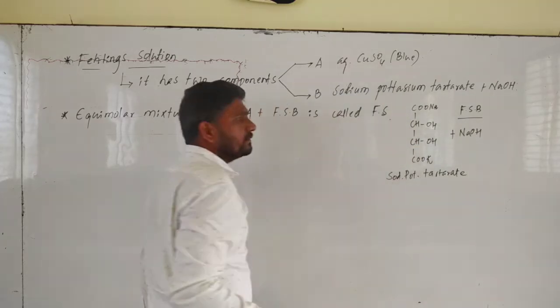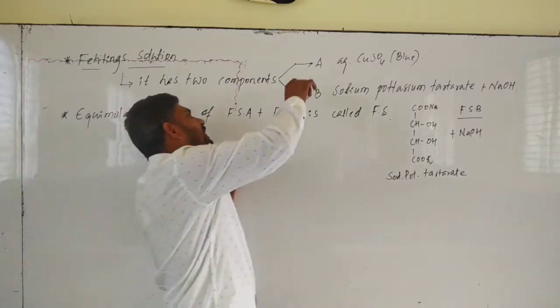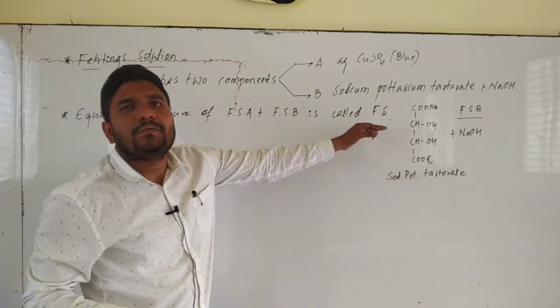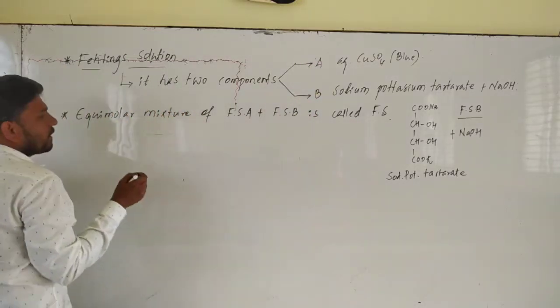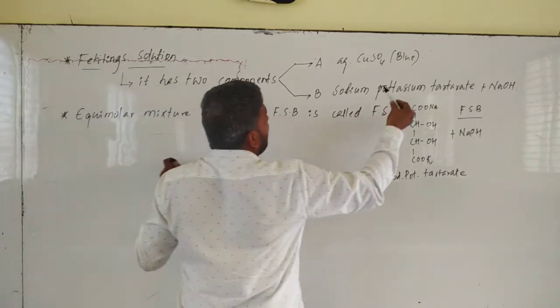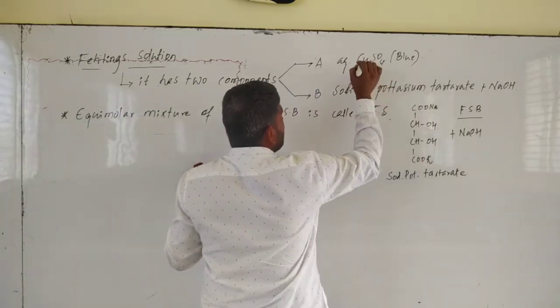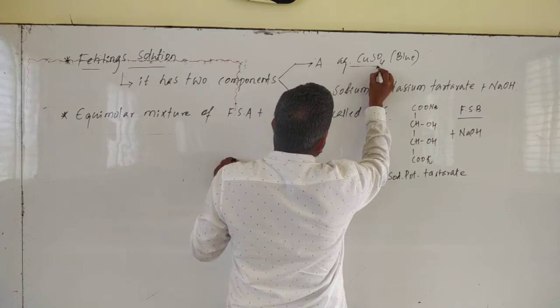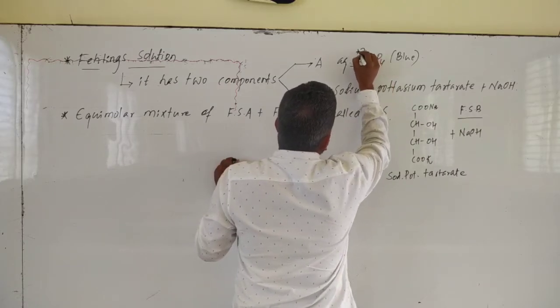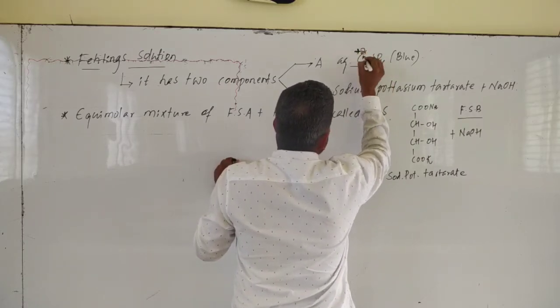Have you got the point? Equimolar mixture of A and B is called what? Fehling's solution. What will happen when you add these two? Over here, the active species in copper sulfate is copper plus 2 ions.